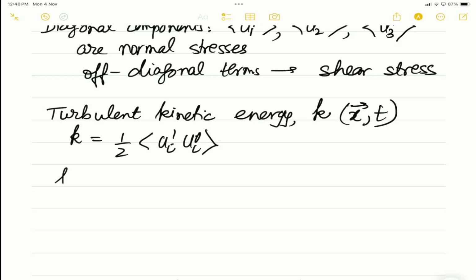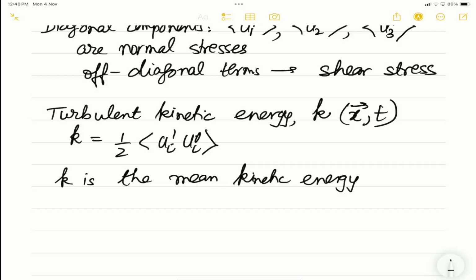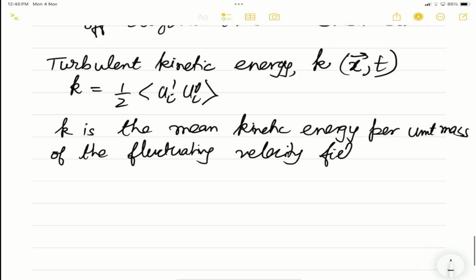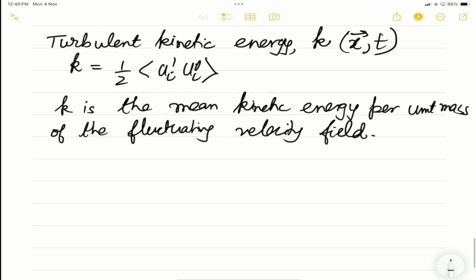And this K is the mean kinetic energy per unit mass of the fluctuating velocity field. We have already seen what K is in the flow.